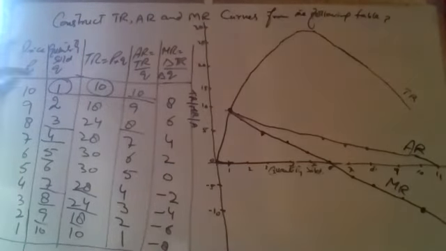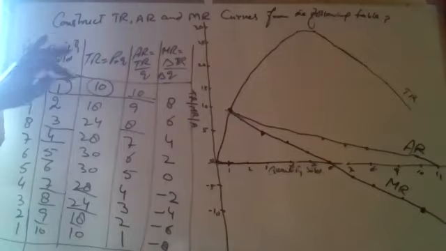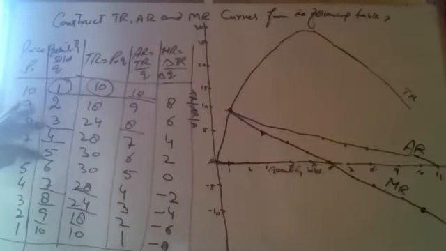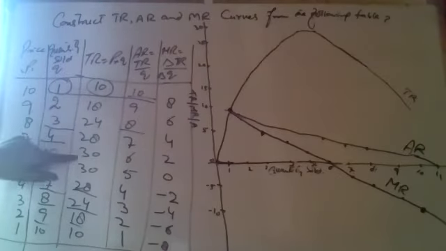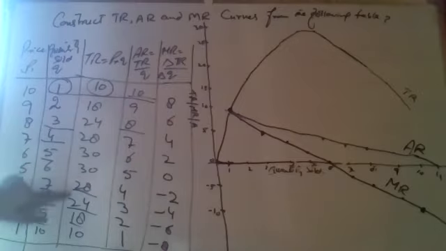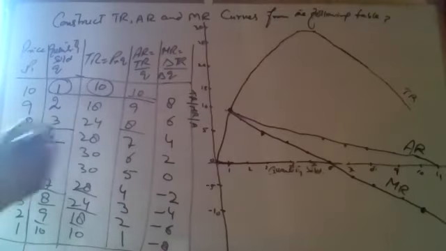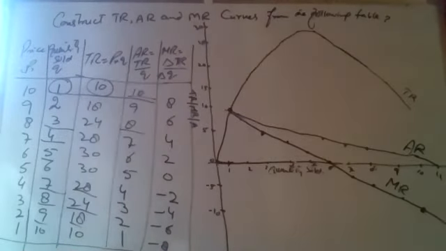So we see, as a seller or producer increases his sales 1, 2, 3, 4, 5, 6, 7, 8, his total revenue first increases, then remains constant, and finally diminishes, as shown from the total revenue curve.